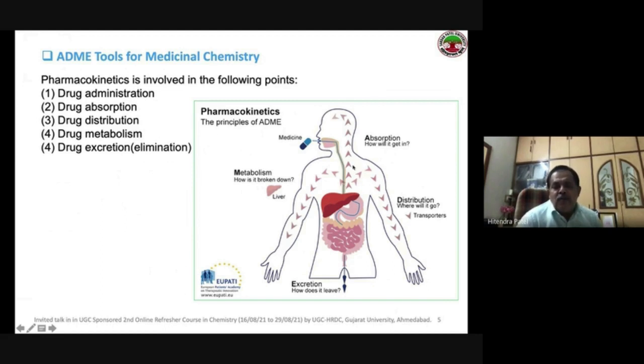When we have to have the therapeutic effect in our body, we have to see that the drug elimination takes place, right? So these are the four important terms: drug absorption, drug distribution, drug metabolism process, and drug excretion. This is the principle of ADME with this pharmacokinetics.